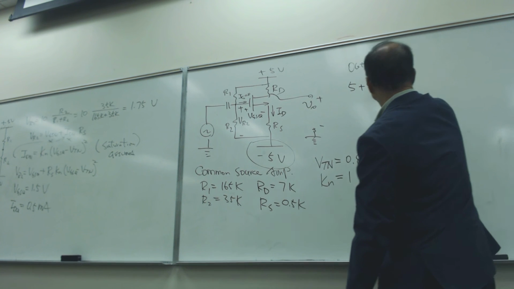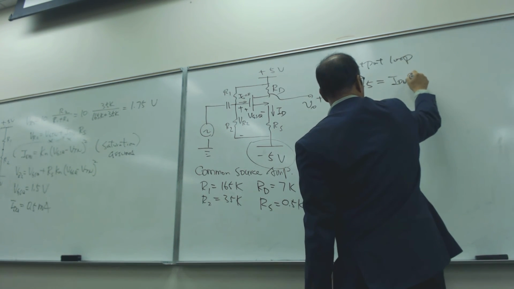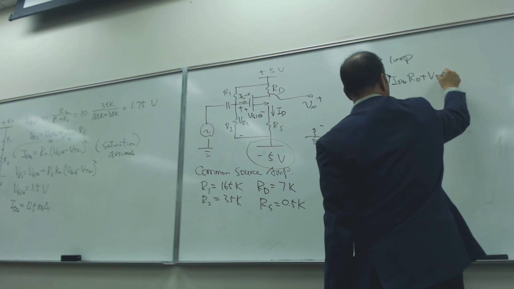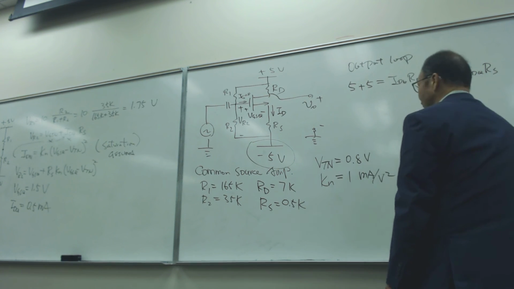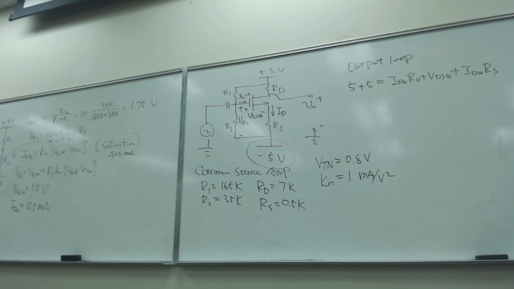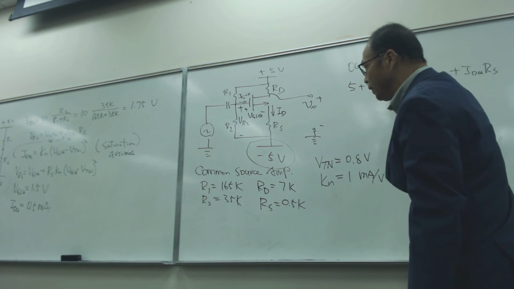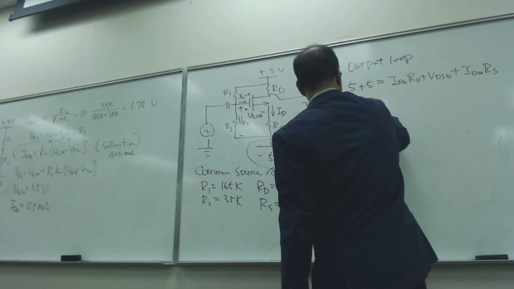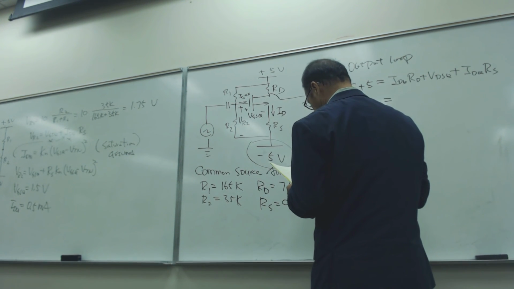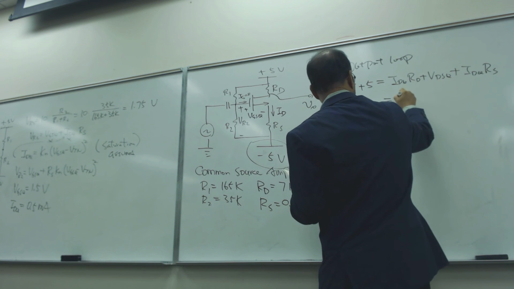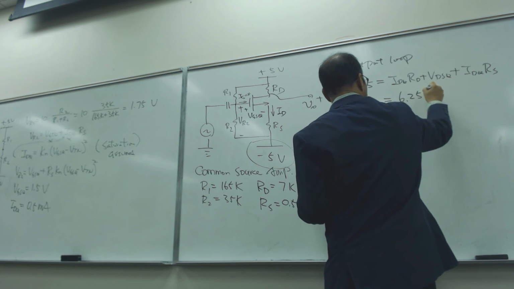And then IDQ RD plus VDSQ plus IDQ RS. IDQ is known, 0.5 milliamp. So therefore I can calculate VDSQ, and that's about 62.25 volts.